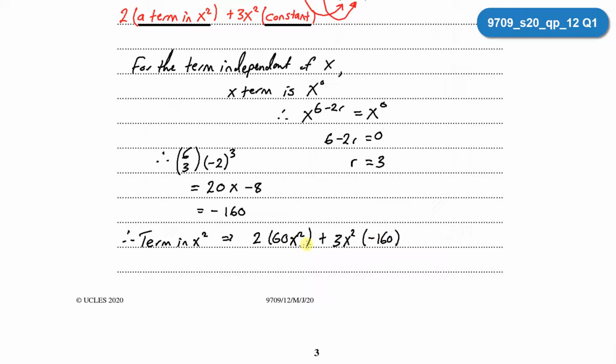So this gives us 2 times 60, that's 120x squared, and 3x squared times minus 160, that's minus 480x squared, and this gives us 120x squared minus 480x squared is minus 360x squared, and therefore our answer is minus 360. That's the coefficient of the term in x squared.